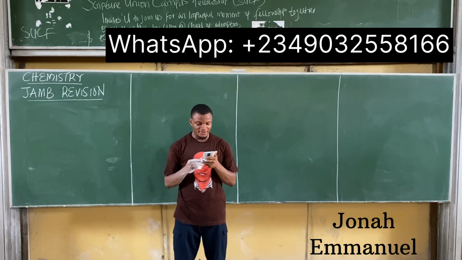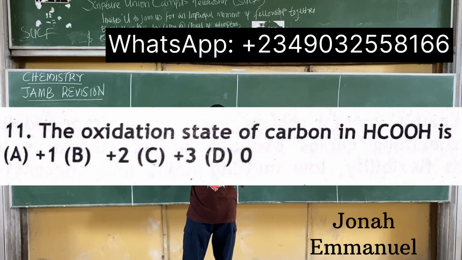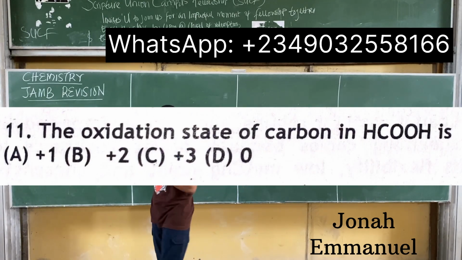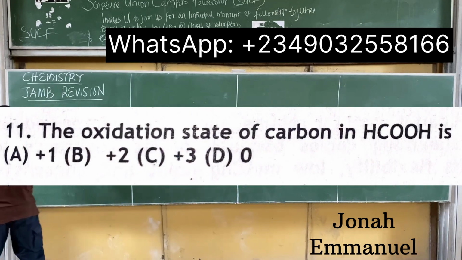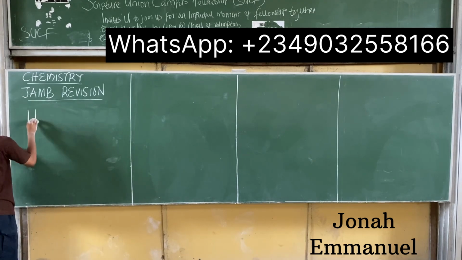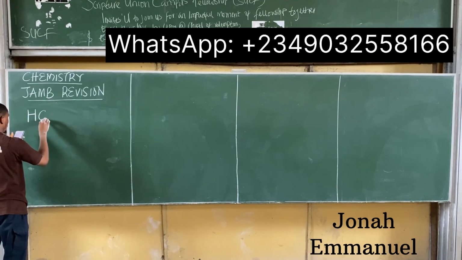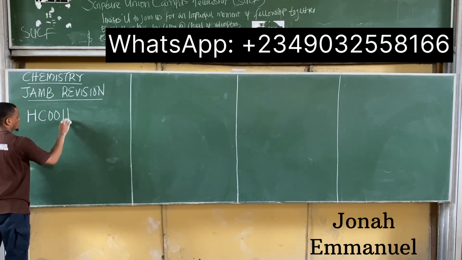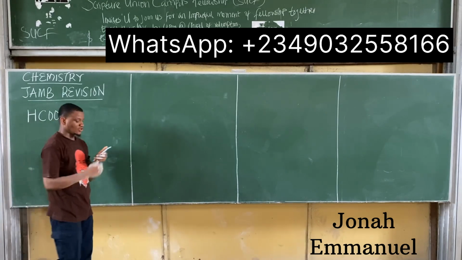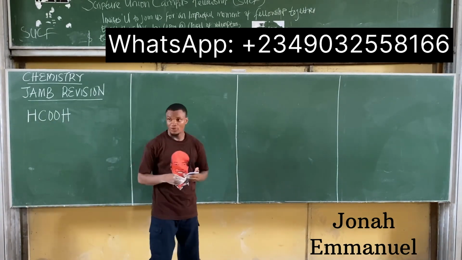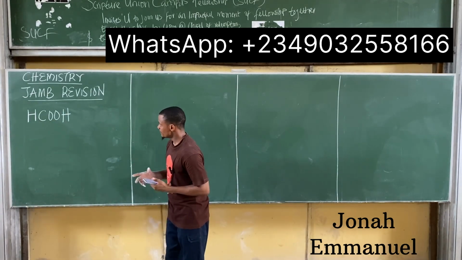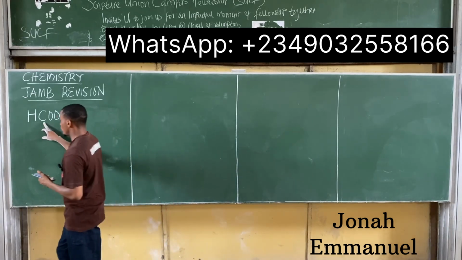Next question here says the oxidation state of carbon in HCOOH. You're asked to find the oxidation state of carbon here. So what will it be? Simple. So we would call carbon unknown.